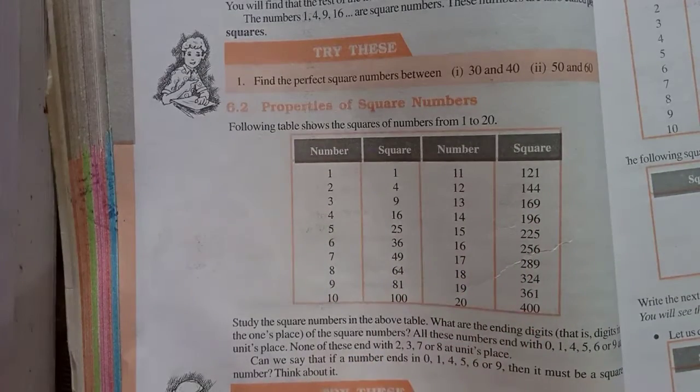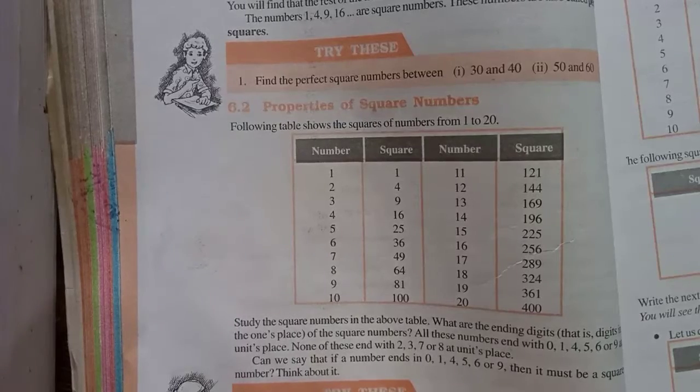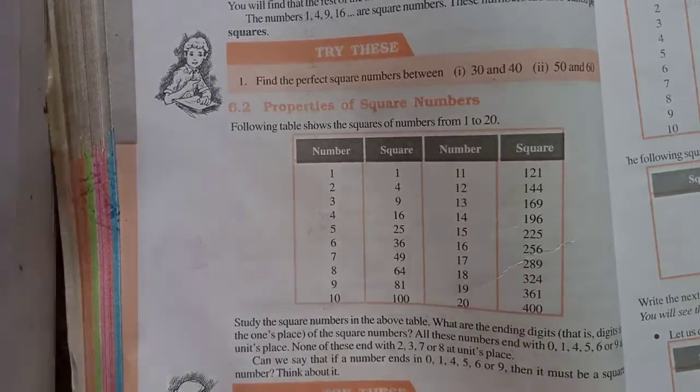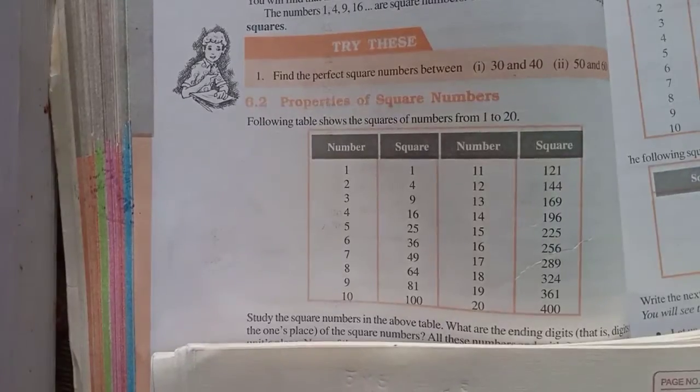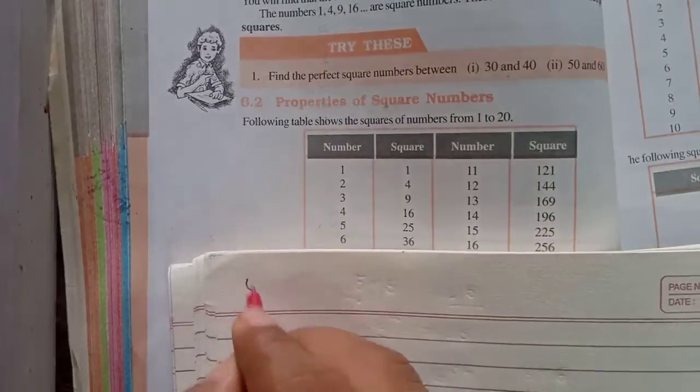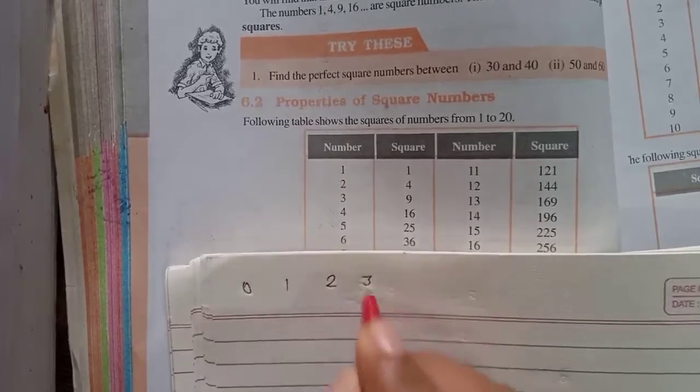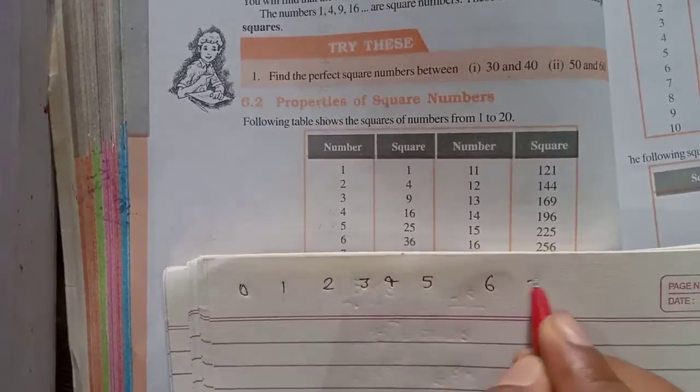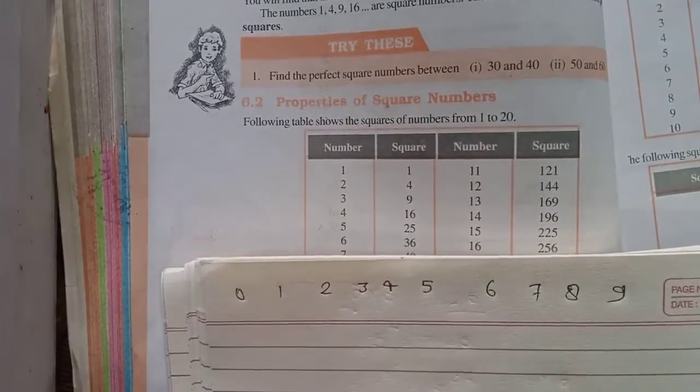Now we need to make an observation. We have the single digit numbers 0, 1, 2, 3, 4, 5, 6, 7, 8 and 9.